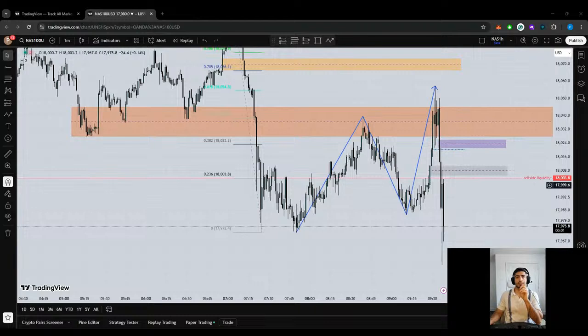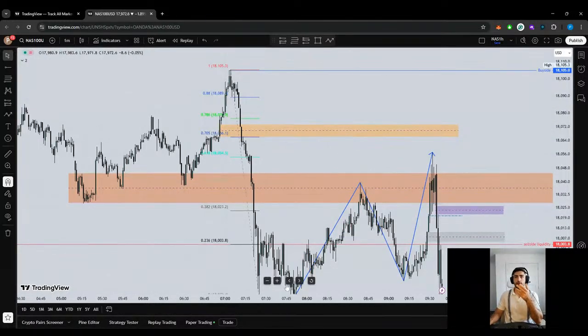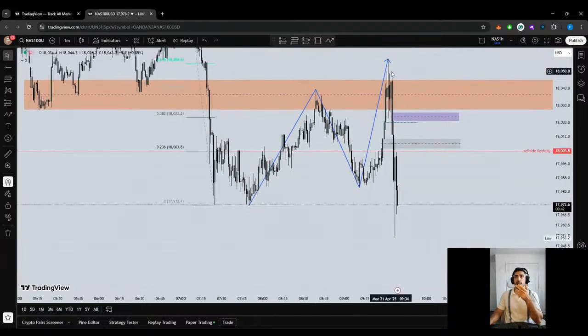And 2, 1. Now we currently have a body that closed below the lows. Okay. So now I would tend to be more comfortable shorting below this low.